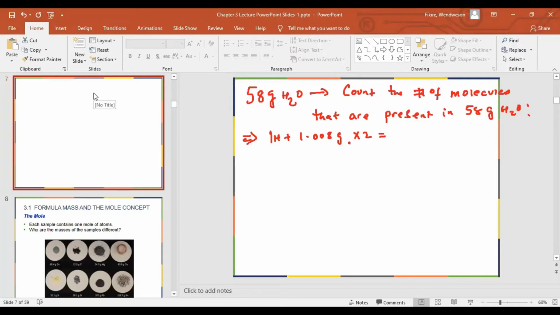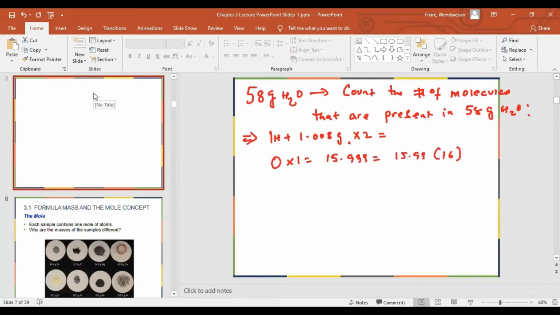So for hydrogen, that's going to equal 2. And then below that, you're going to do oxygen, times 1, so that's 15.999, I believe. You're going to get 2 on the top and then 16 on the bottom.